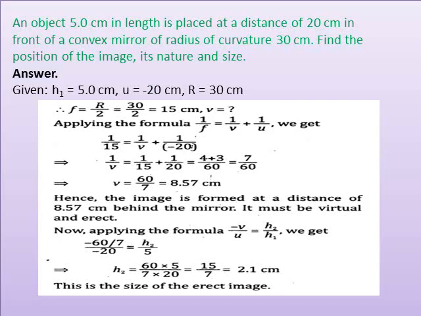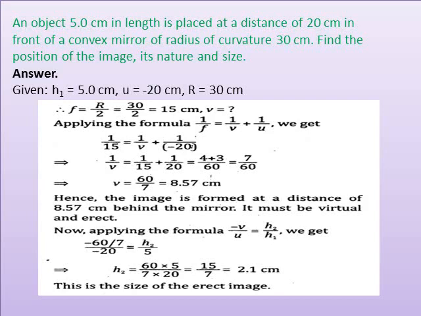So you have two signs here, one with plus in the formula and one with minus in the U value. Whenever you get two signs, convert them into one sign: plus into minus gives minus. Then transpose the formula to get 1 by V. So 1 by V will be 1 by 15 plus 1 by 20.